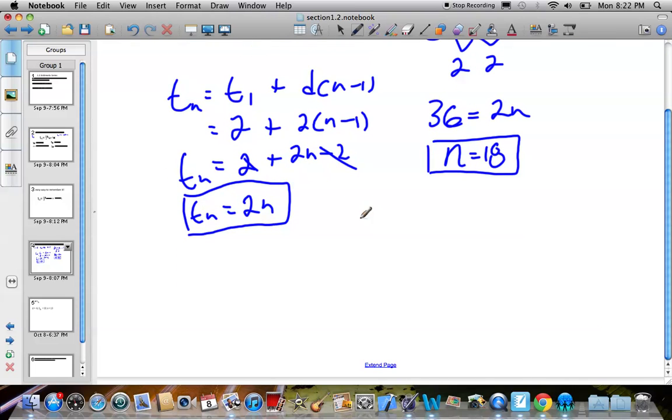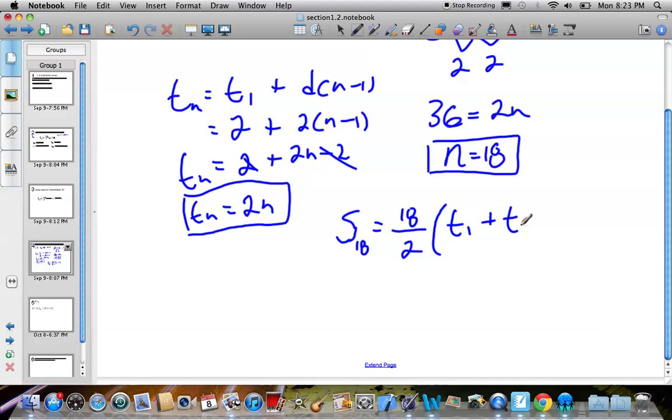Let's remember our formula. S of 18, 18 being the number of terms, is the number of terms, 18, divided by 2, times the first term, t1, plus the last term.